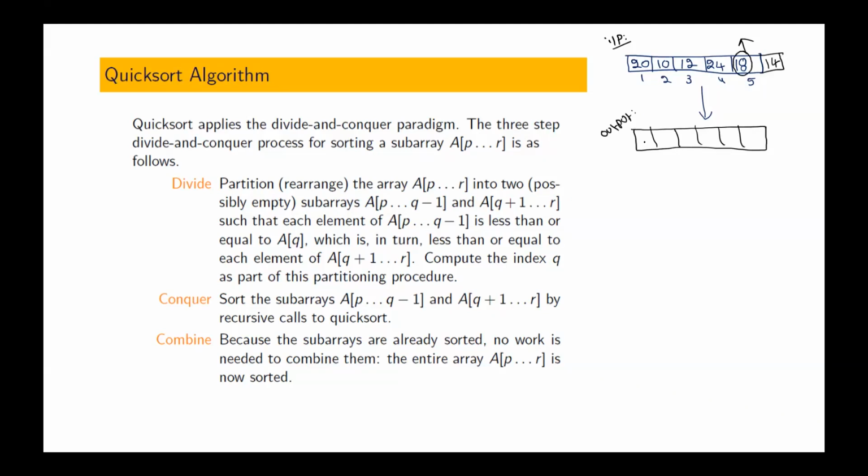What is the sorted order here? 10, 12, 14, 18, 20, 24. This is the sorted order now. Positions are 1, 2, 3, 4, 5, 6. What is the actual position of 18 in the final sorted order? Fourth position, sir. Fourth position.